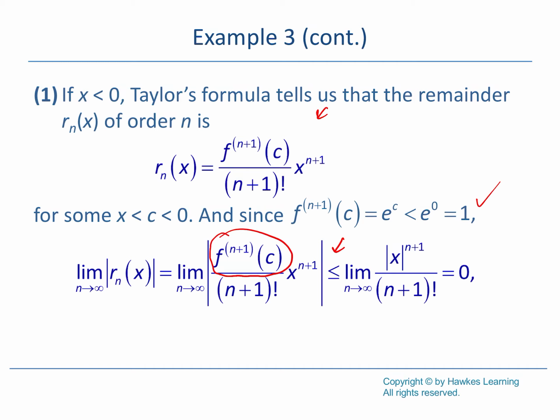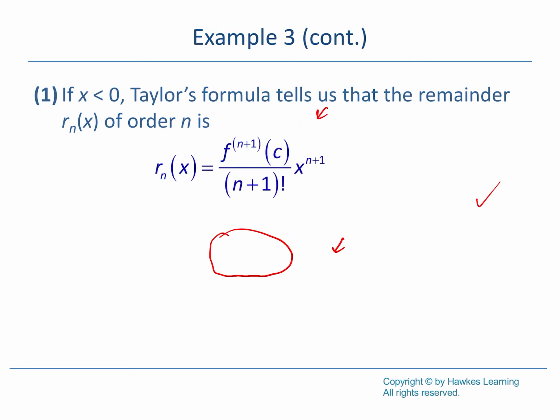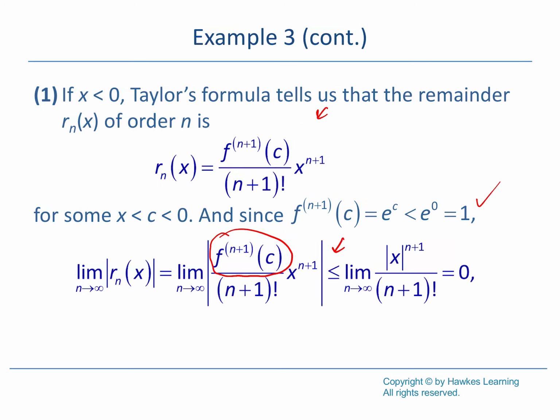And we're left with this, and taking the limit as n goes to infinity here is just 0, based on the fact that we know that this one goes to 0. That's the one for n. This is the same exact thing where we've got n plus 1. So here's where we've shown that this remainder term goes to 0 as n goes to infinity for x when x is a negative number.